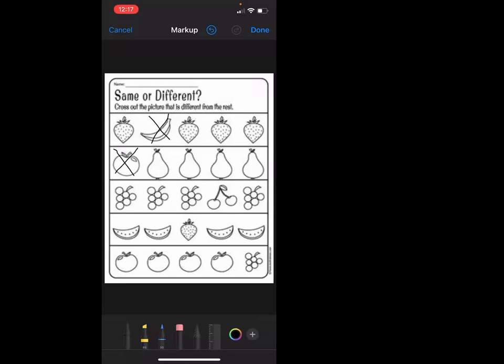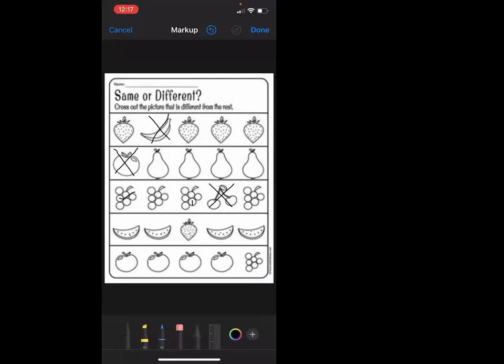In the third picture, this is grapes, this is also grapes, only the cherry is different, so cross on the cherry. Why did I cross it? Because the rest are grapes, and this is the only cherry, so it is different. Now the next one you will tell me. This is watermelon, this is watermelon, this is strawberry, this is watermelon, and this is also watermelon. So what is different?